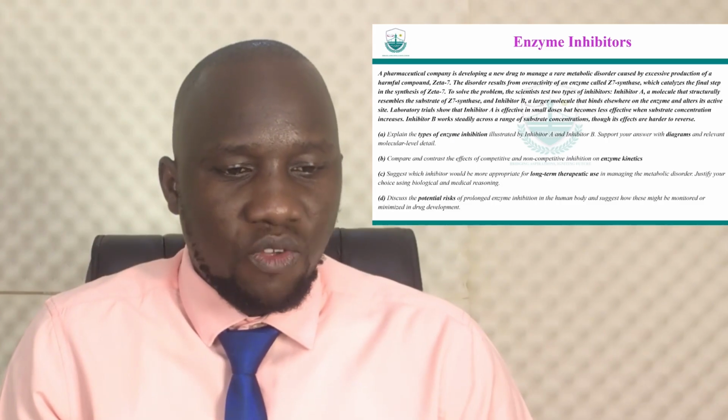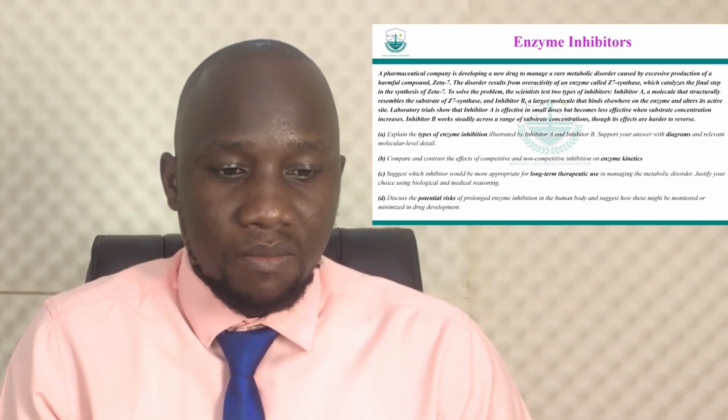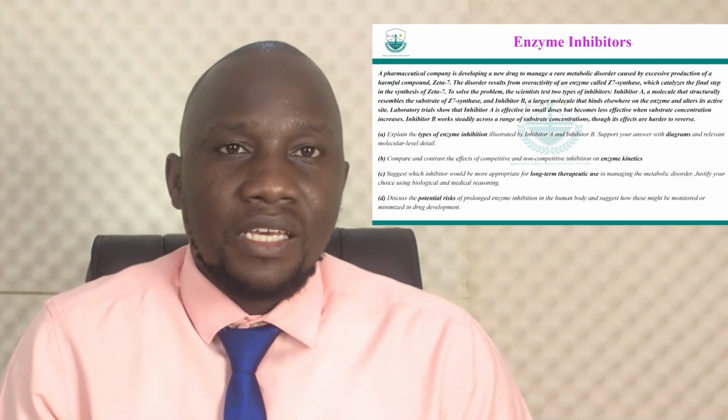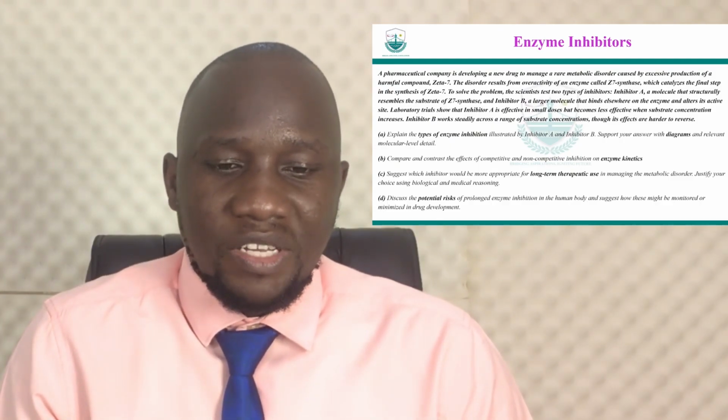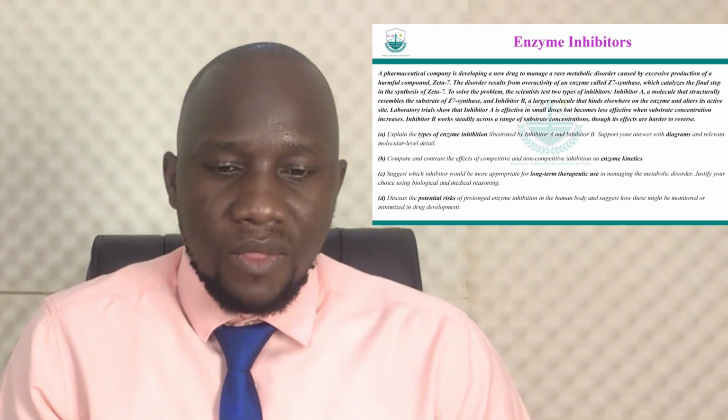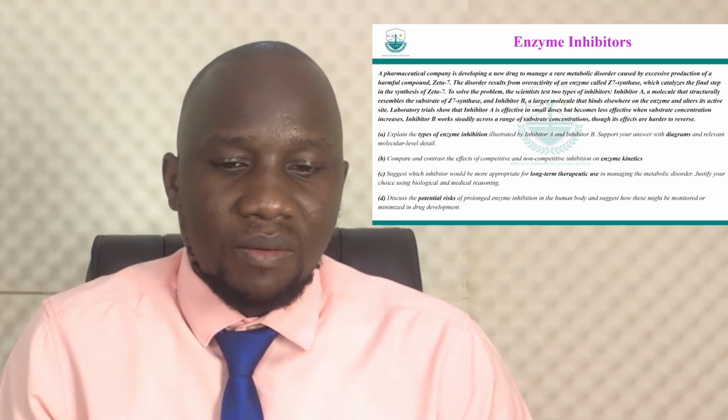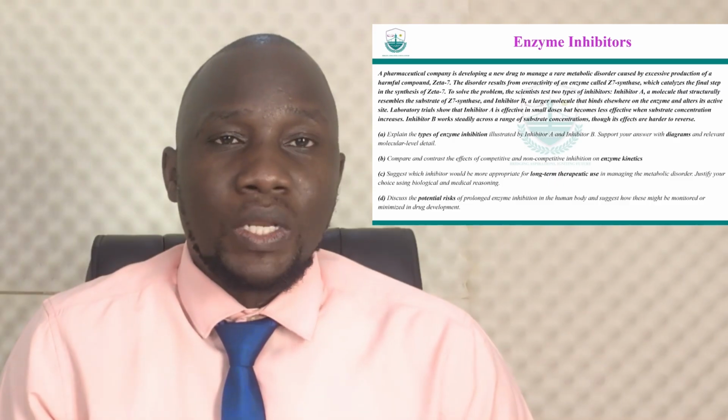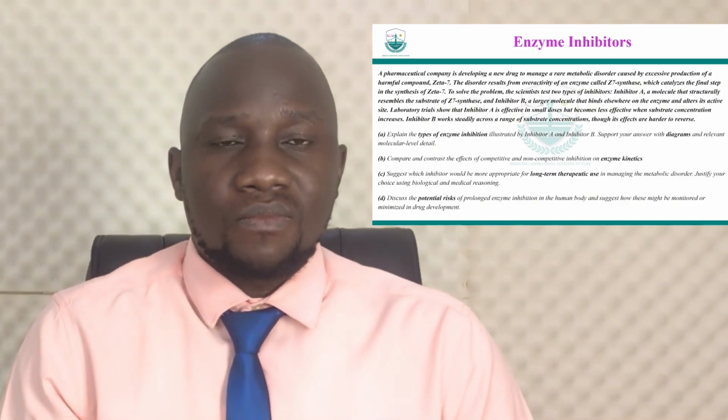The first question is, can you explain the types of enzyme inhibition exhibited by inhibitor A and inhibitor B? Can you support your answer with diagrams and relevant molecular level details?